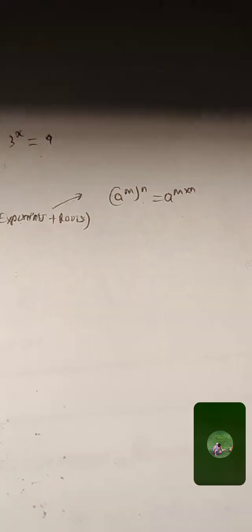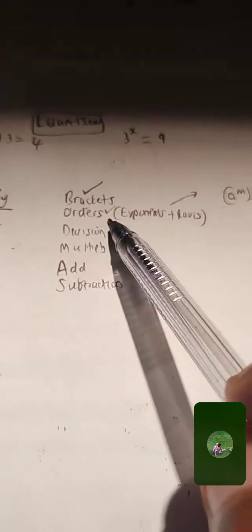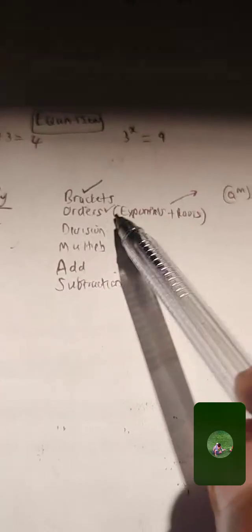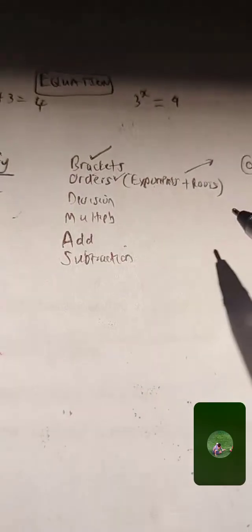There's a law in exponents that says any base raised to an exponent, raised to another exponent, you simply multiply the exponents and remove the bracket. According to BODMAS, we are now busy with the exponents, applying the exponent to the bracket. Are we together?